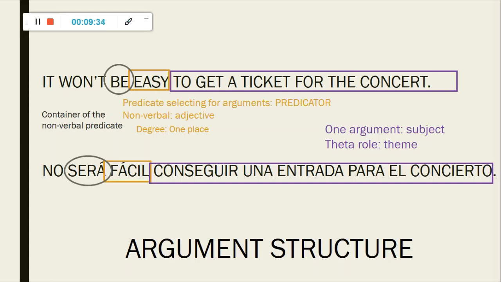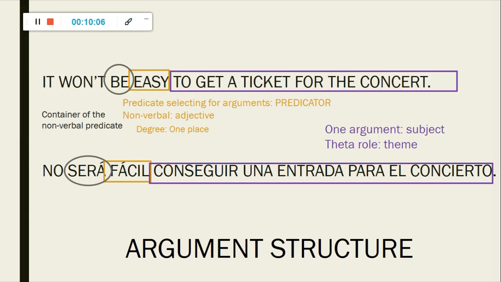So once you have analyzed the syntax and the argument structure, you have to refer to correspondence. You have to tell us if, in the sentence in English and in Spanish, you find correspondence or not. So in this case, we can see that as regards argument structure, in both languages we have a nonverbal predicate, which is a one-place predicate, selecting for one argument.